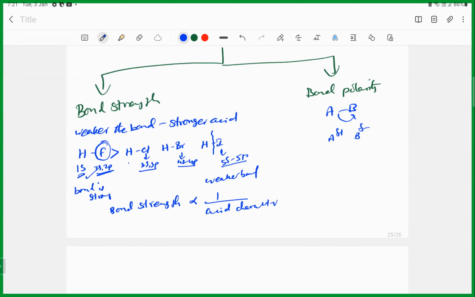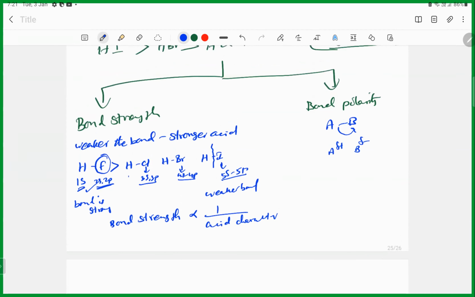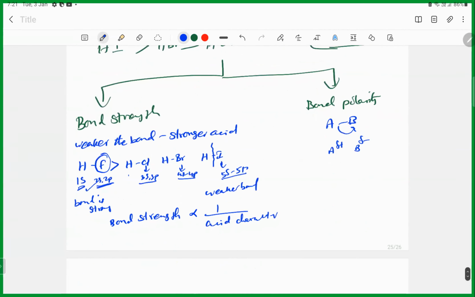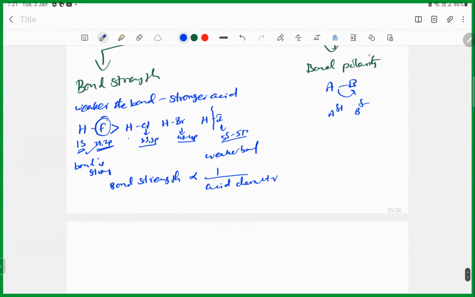We know that when you have a smaller size cation and a larger size anion, there will be polarity. That's what is stated by Fajans. So the acid character will be more when you have a smaller size cation and a larger size anion. The small size proton, the cation, will have an affinity with this, so the bond is highly polar.